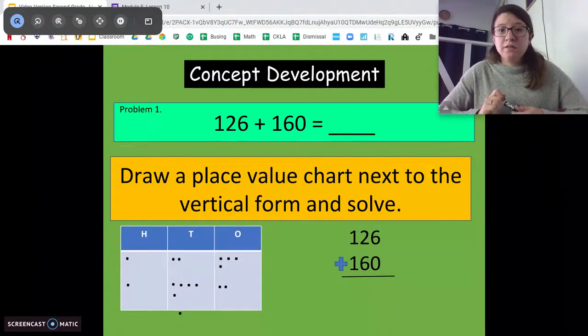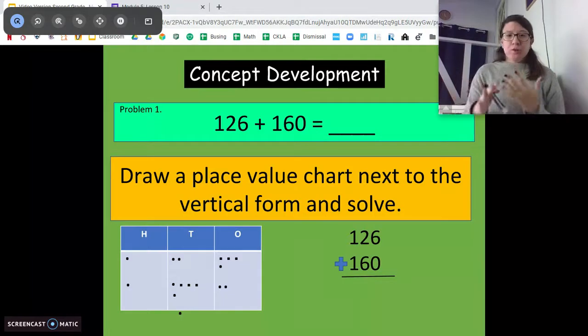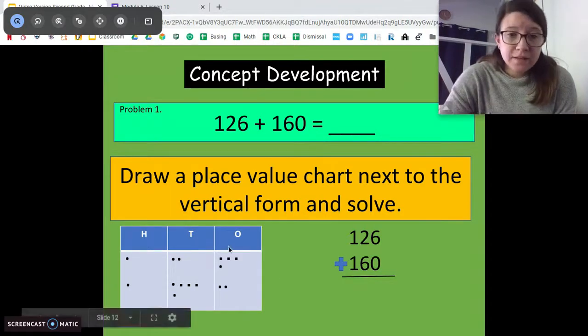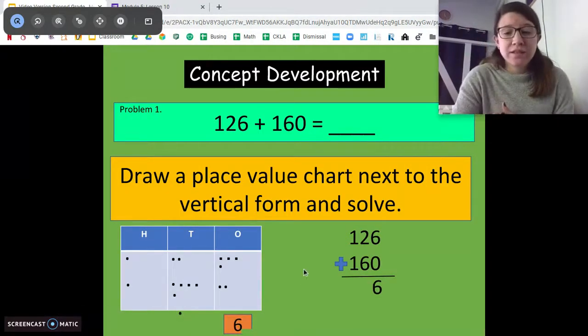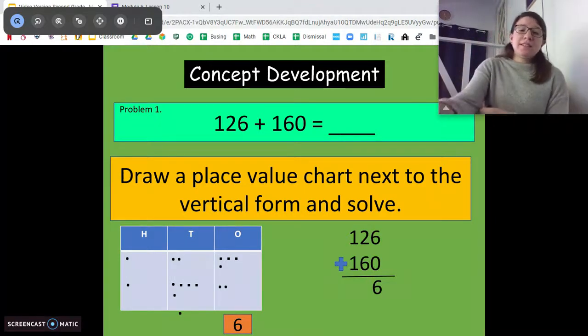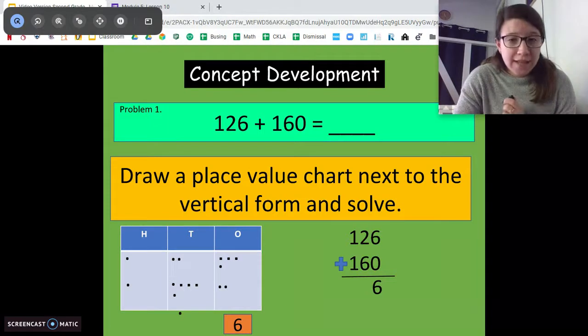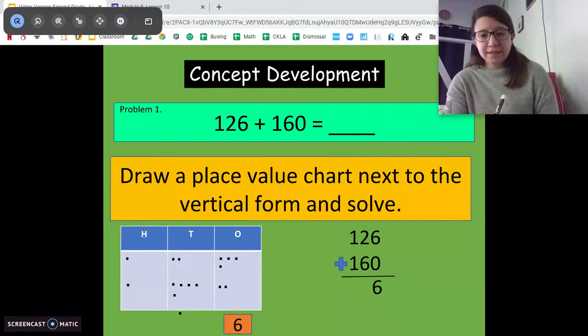Solve it both ways? Okay, so I'm going to do them both at the same time to kind of show you. So in our ones place, we only have 6 ones. So we're not adding anything. We're not moving anything around. We only have 6 ones. So I can just easy peasy put that in my vertical method. Now in the tens place, I have 2 tens and 6 tens. 2 tens plus 6 tens is 8 tens.